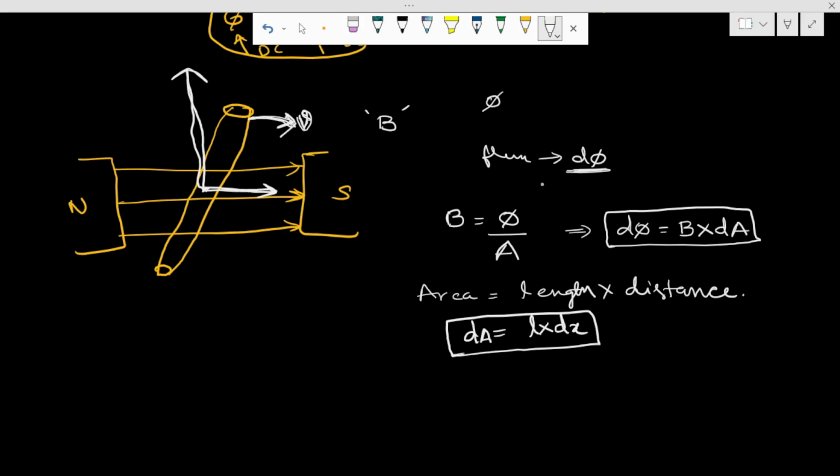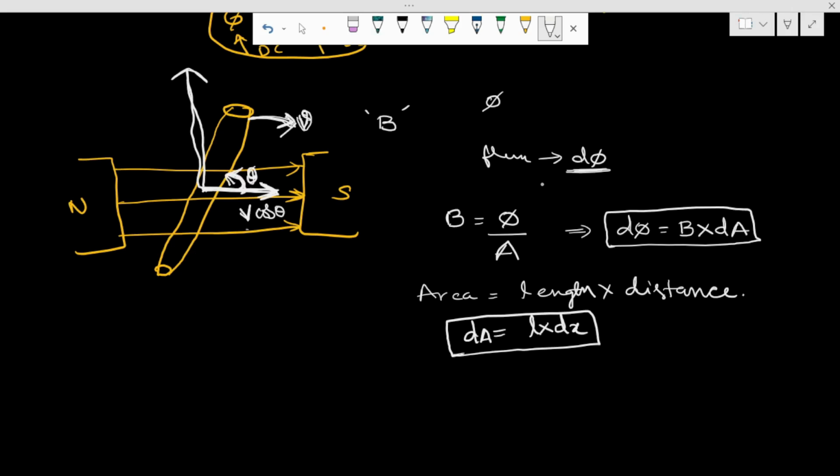Along the flux line, we can write the velocity as V cos theta, because we are taking the angle between the flux density, meaning the flux lines, and the conductor as theta.